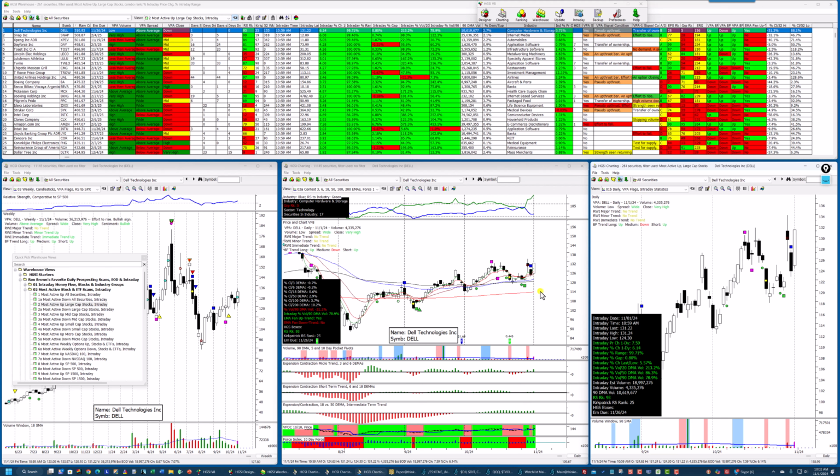Now, I can look at this in each individual stock, or if I want to locate stocks that are in an uptrend, I can concentrate on those by bringing my designer back up.